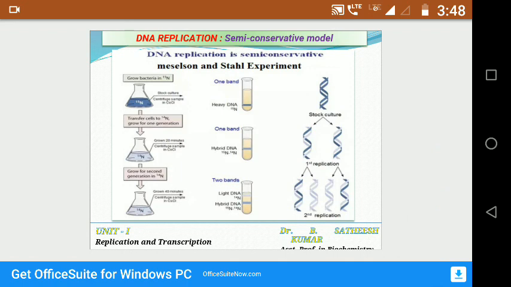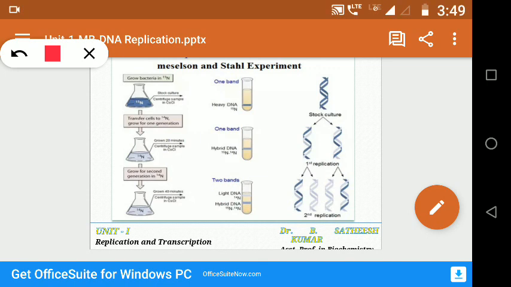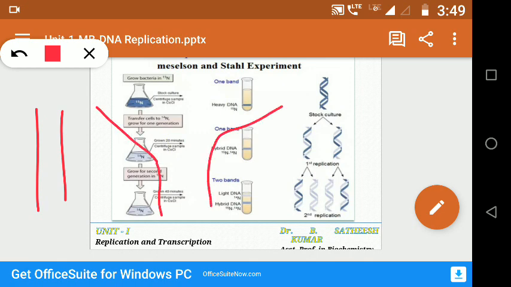On each old strand, a new strand will be synthesized by following the base pairing rules. So that means if we have these two strands in the parent DNA, these two strands will be separated like this, and on each old strand, a new strand will be synthesized.